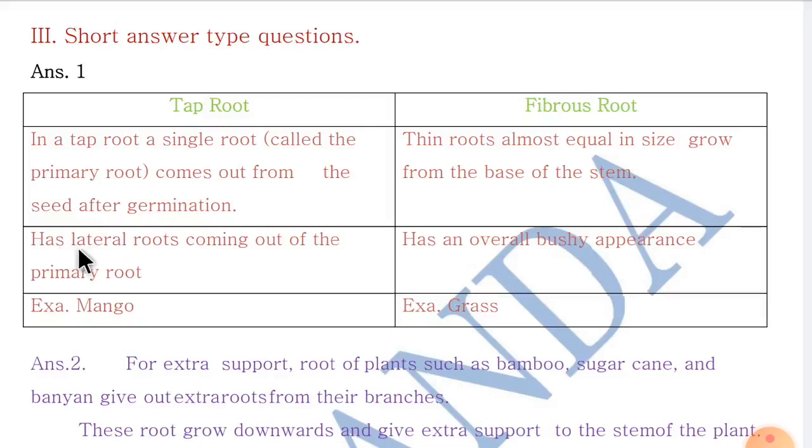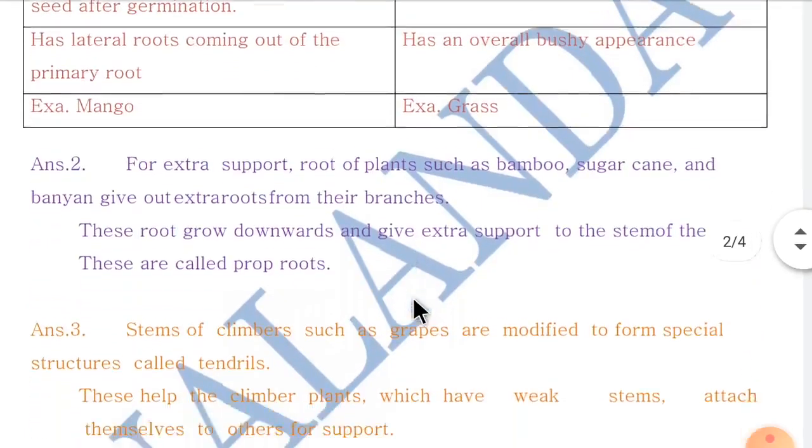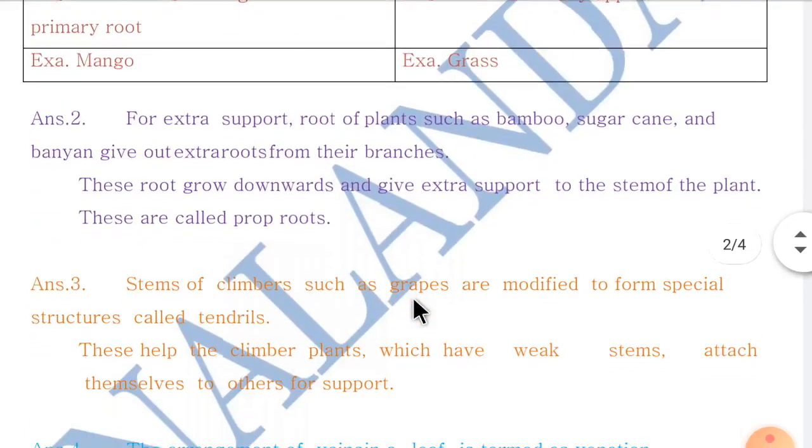Taproot has lateral roots coming out of the primary root, while fibrous root has an overall bushy appearance. An example of taproot is mango, and an example of fibrous root is grass. So this is the difference between the taproot system and fibrous root system.